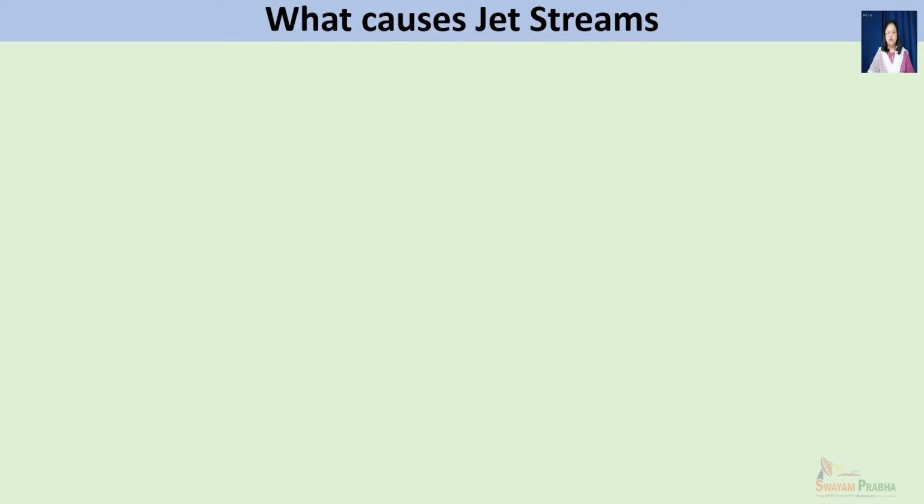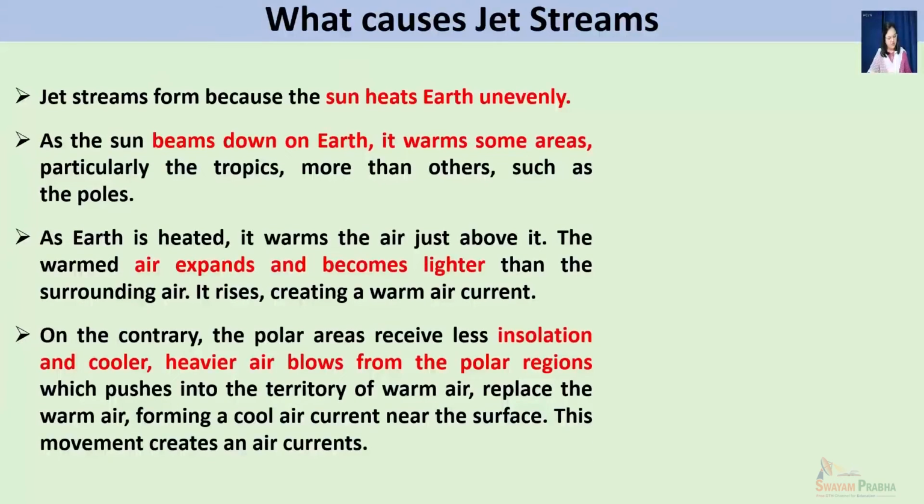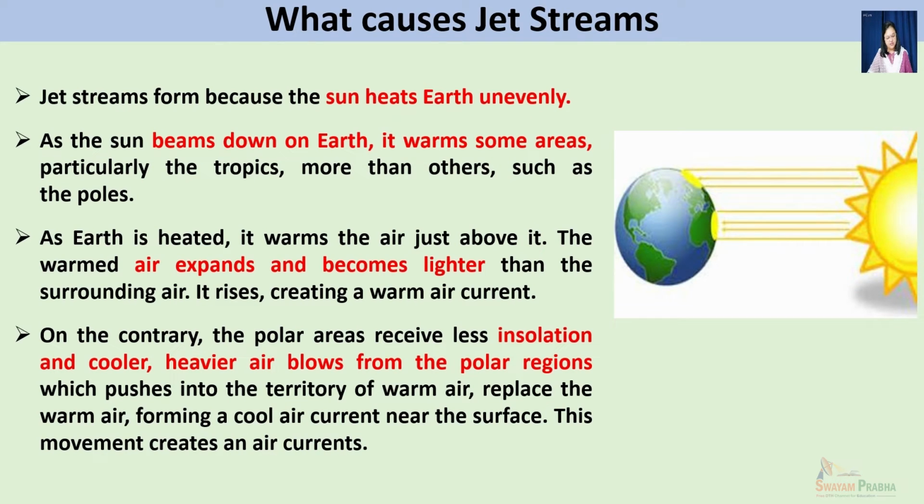What causes jet streams? How are jet streams formed? Jet streams are generally the product of the uneven heating of Earth's surface. As the sun beams down on Earth, it warms certain lower latitudes more, particularly the tropical areas as compared to the polar areas.